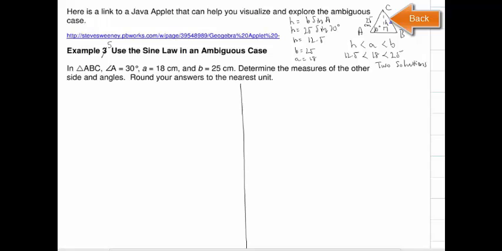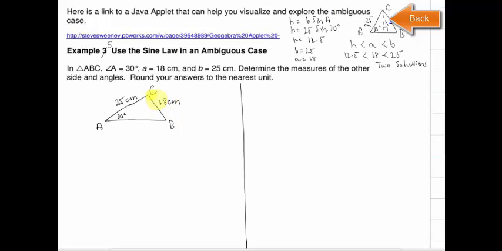Okay, so our first triangle is going to look something like this. So here is our side AB and our angle A, which is 30 degrees. Now b is a little bit longer than a, so we're going to draw it like this. So this is C. Okay, so this is 25 centimeters and this is 18 centimeters.